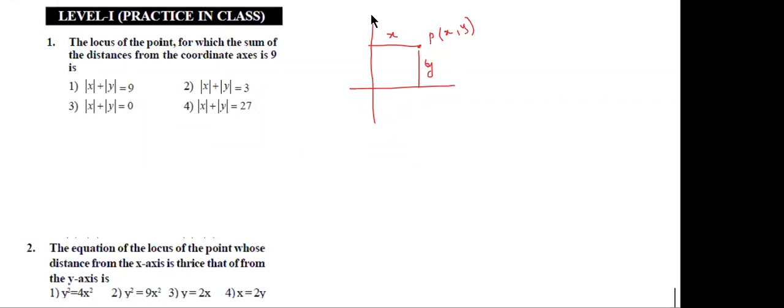So finally, you can take it like this: modulus of x plus modulus of y is equal to, what is the condition? The sum of the distances from the coordinate axes is 9. So mod x plus mod y is equal to 9. So the first option is correct.